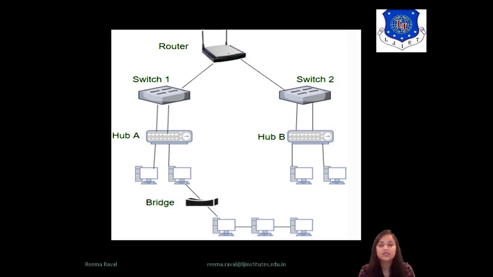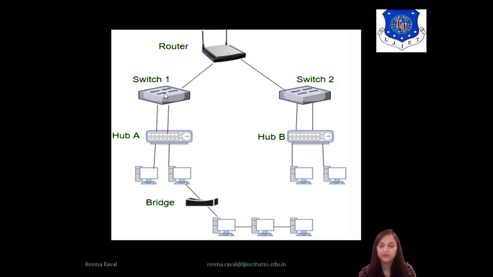Now consider this diagram. This indicates the architecture or the roles of the different layer-wise network connecting devices. First over here you can see it is indicated router. Routers operate at the network layer and decide which path to follow to reach the destination, right? Over here to this router two switches are connected. That means it is showing downward connections.